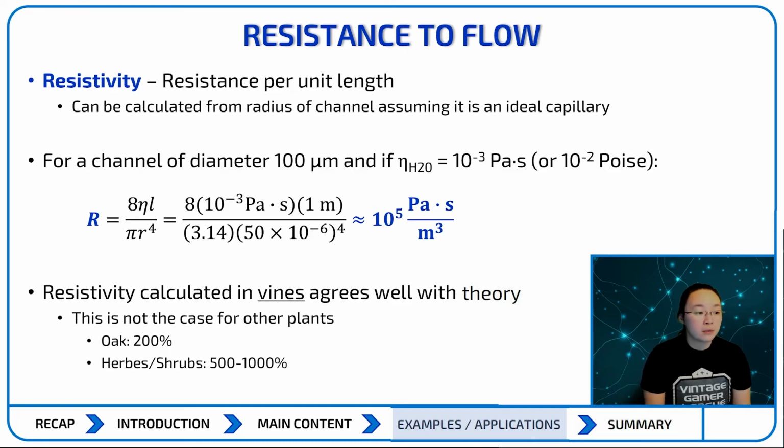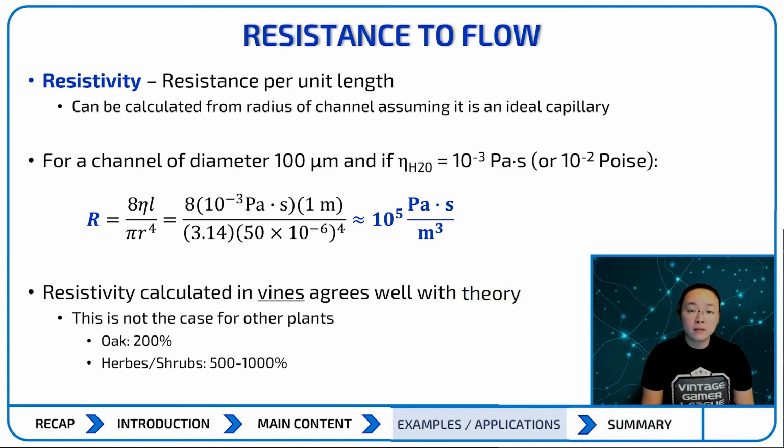So R is going to be equal to 8 times the viscosity times L divided by pi R to the 4. Once you do all the calculations, you'll get 10 to the 5 Pascal seconds per meter cubed.